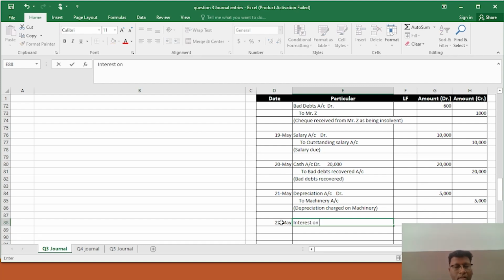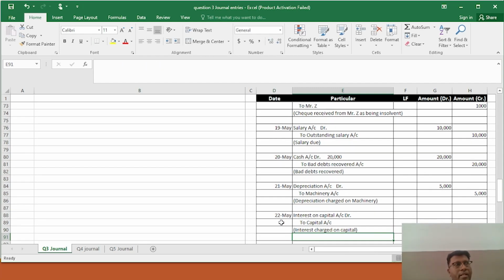Interest on capital account debit to capital account, right? And narration interest charged on capital.